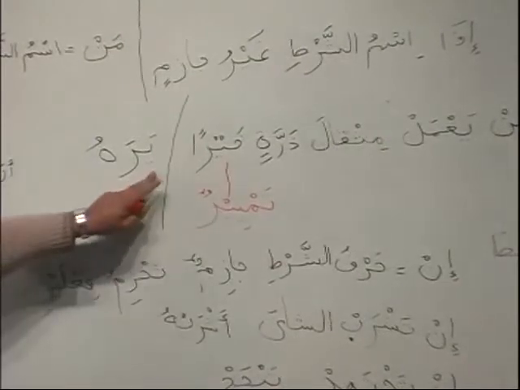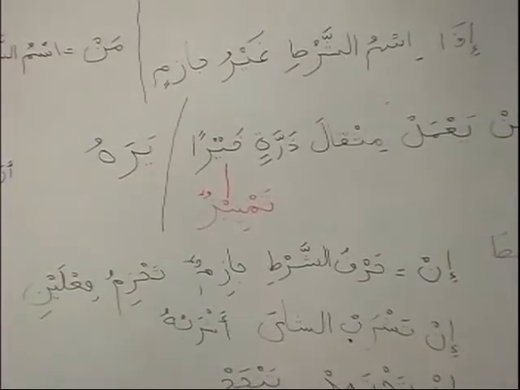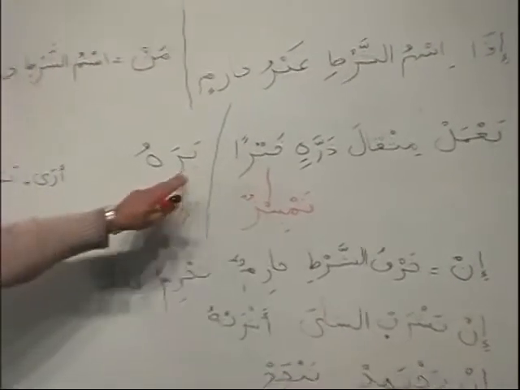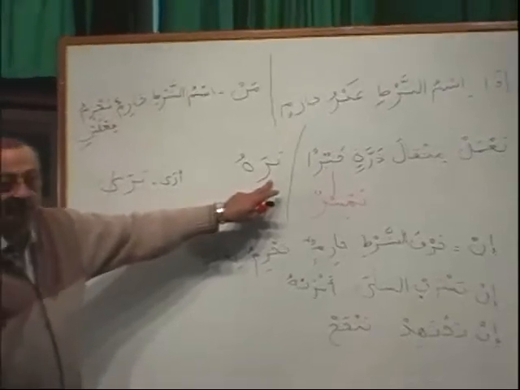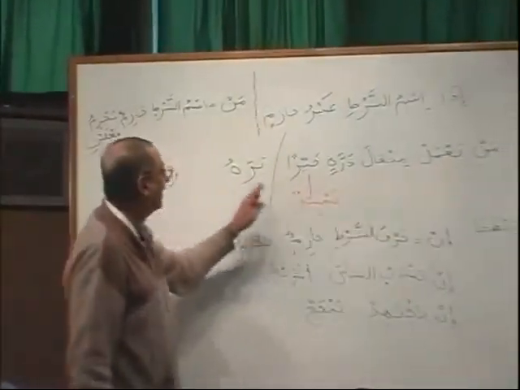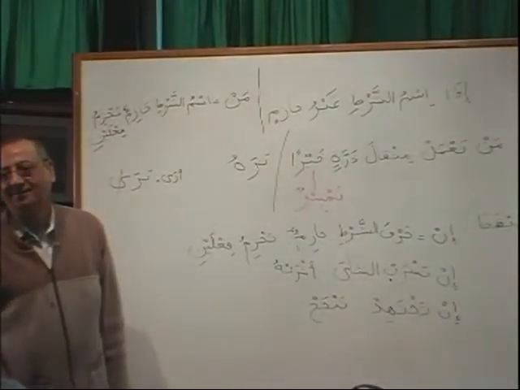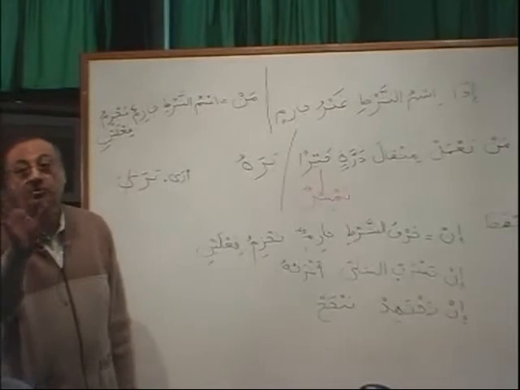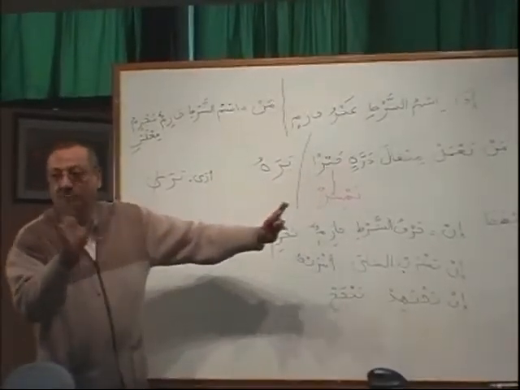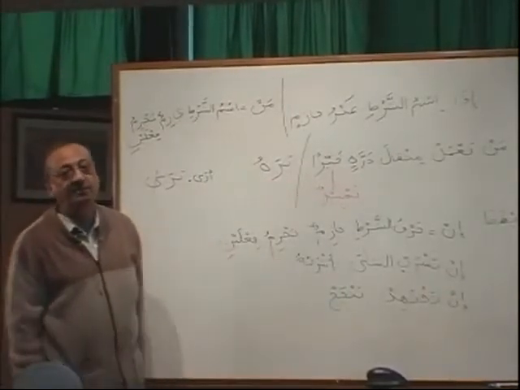You will say yara fi'lun mudari'un majzumun bihadfi harfi illa wa huwa jawabu shart. And in this case, fa'il mustatir taqdiruhu huwa. And what is this? Hu maf'ul. No, not ma'tuf. No. This is separate. There is no wow. No ma'tuf. This is completely independent. Yarahu, brother and sister.